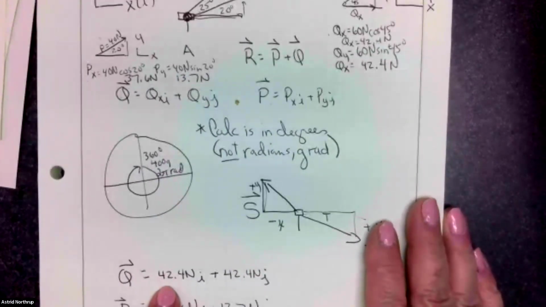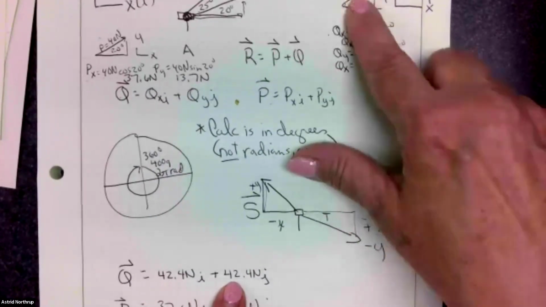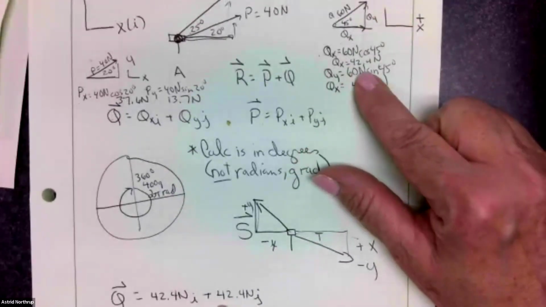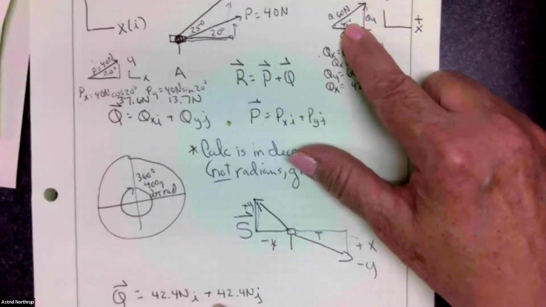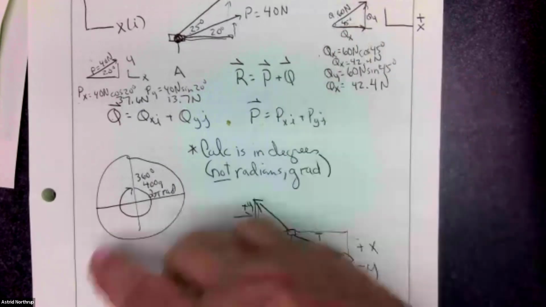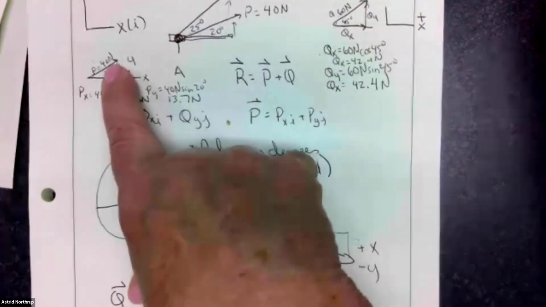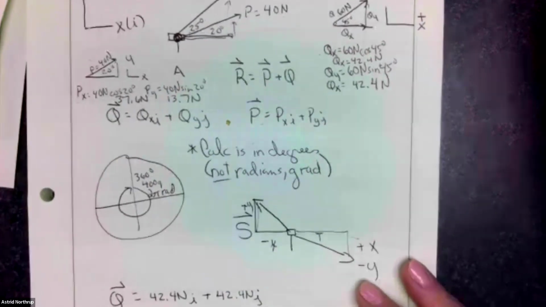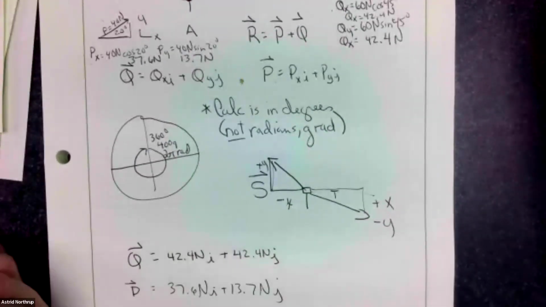Because of the theorem of Pythagoras, if you take 42.4 squared and add it to 42.4 squared, you'll come up with 60 squared, or 3,600. Similarly, if you take 37.6 squared plus 13.7 squared, you'll come up with 40 squared, which is 4 times 4 is 1,600. Okay, so that's because it's the theorem of Pythagoras.